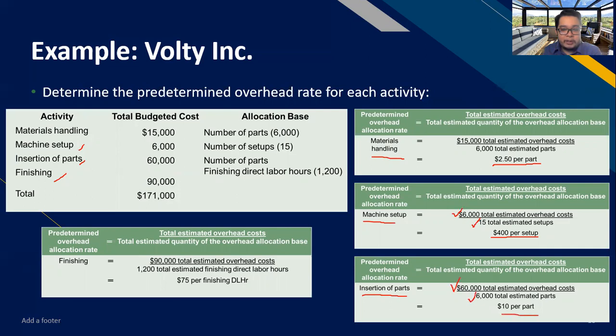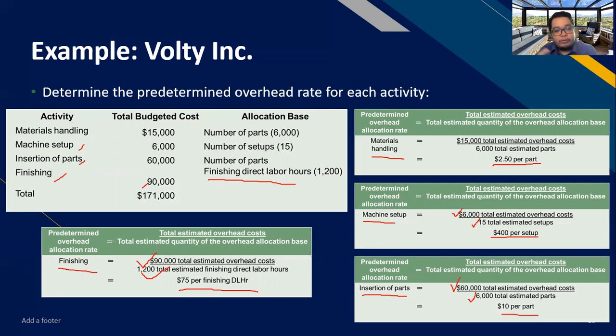And so therefore, the predetermined overhead rate is $10 per part. And last, for finishing, the estimate is 90,000 for finishing here. Okay? And the denominator is the finishing direct labor hours, which is 1,200. And therefore, the rate is $75 per hour.